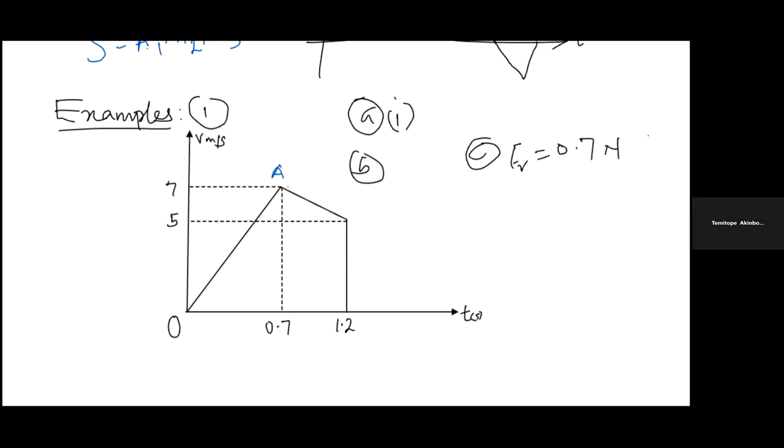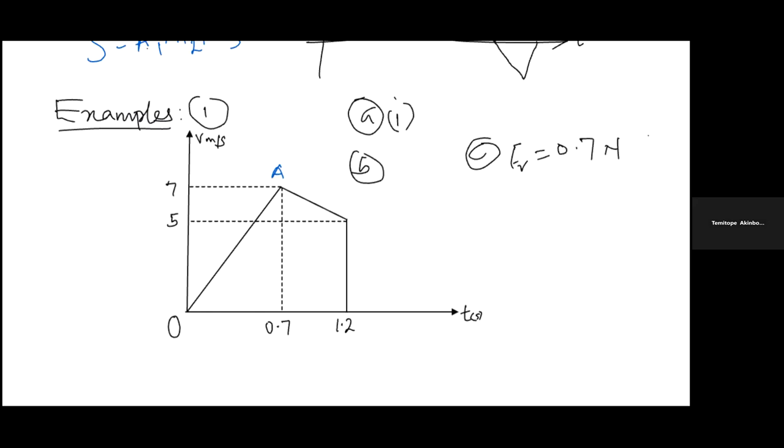The diagram shows the velocity time graph for the motion of a small stone, which falls vertically from rest at a point A, and it now hits the surface of the liquid. Where it is coming from, we are told, is from rest, but that information is not in the diagram.